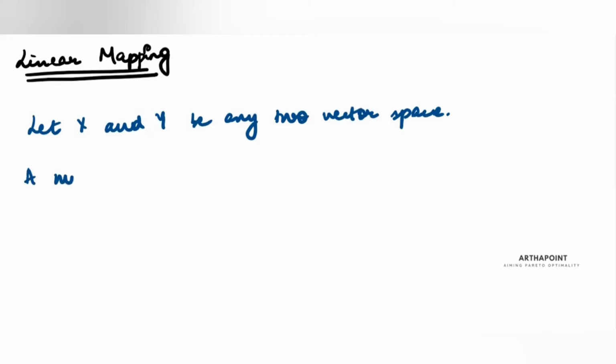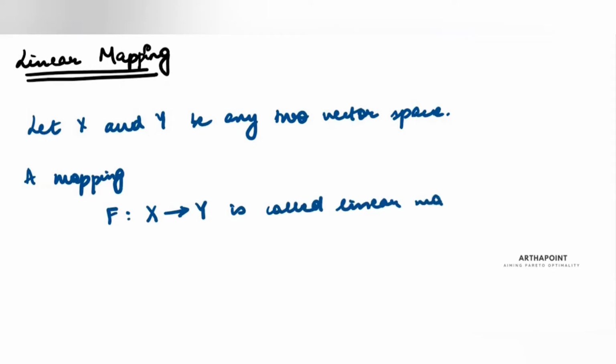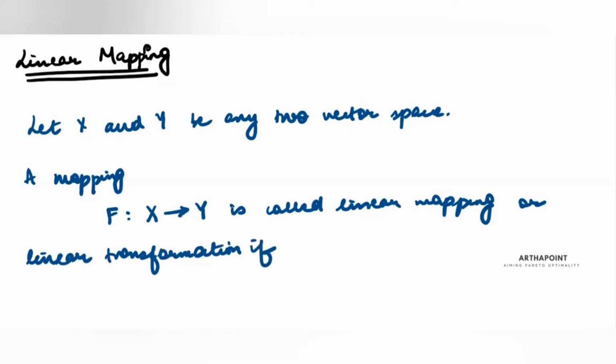So please write down. A mapping is a function that goes from X to Y. So it is called a linear mapping or linear transformation if it satisfies two conditions.